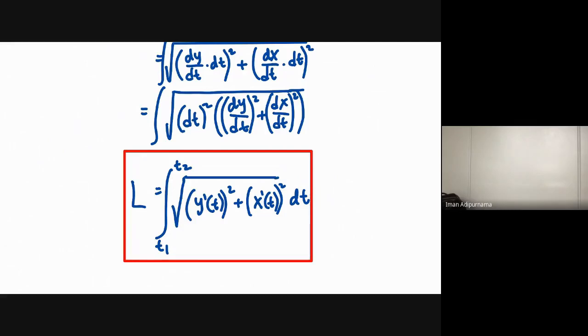So the idea is to make any integration with dt. Before, you had the definition with dx, right? But since y and x are related, y is a function of x, but both y and x are functions of t. That's why we need to start with the integral of y dx to find the dt. That's the definition for parametric.